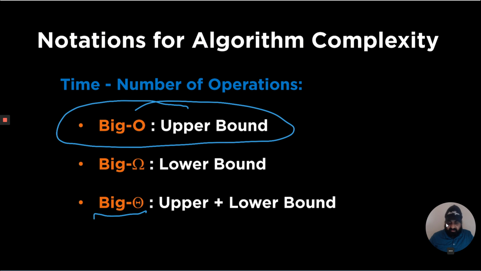And big theta provides both an upper bound and a lower bound: this program cannot work in less than this time and it cannot take more than this time. I'm going to go into a more mathematically rigorous definition in the next video, and we are going to discuss the various properties of these three different mathematical notations.